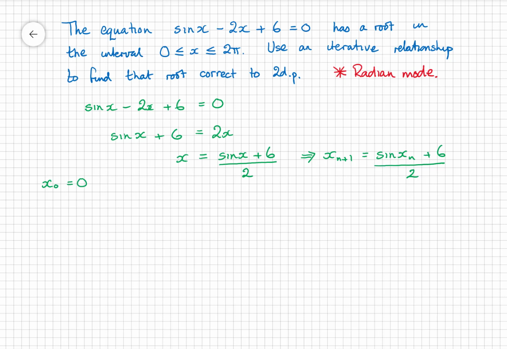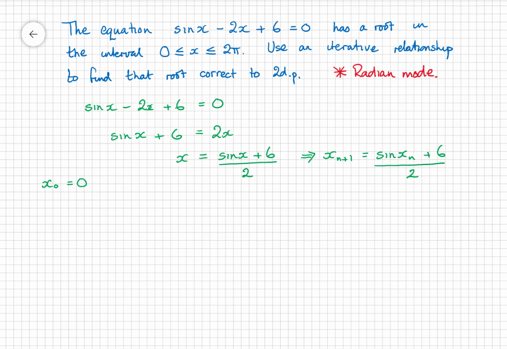I'm choosing to use as my first value the value 0, because I'm told that it's in the interval from 0 to 2 pi.